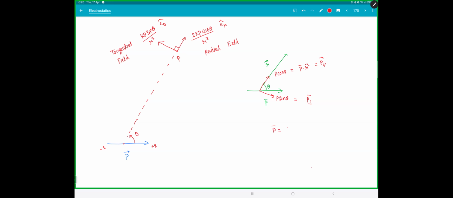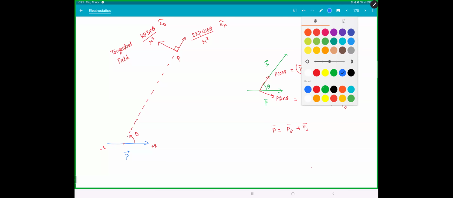And we know p bar vector is nothing but p parallel vector plus p perpendicular vector. So p perpendicular will be nothing but p bar minus p parallel. That is the direction of r cap there. This is your p parallel. This will be p bar minus p parallel. I'll just leave it like that. And then what do we do? Yeah, we are done. So then what is the net field at that point? I can write this thing as, again, like I said, this is not that important.